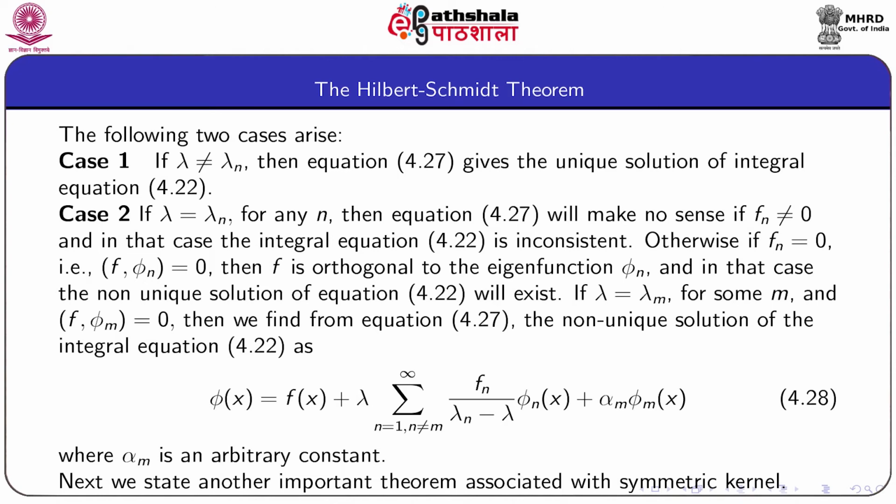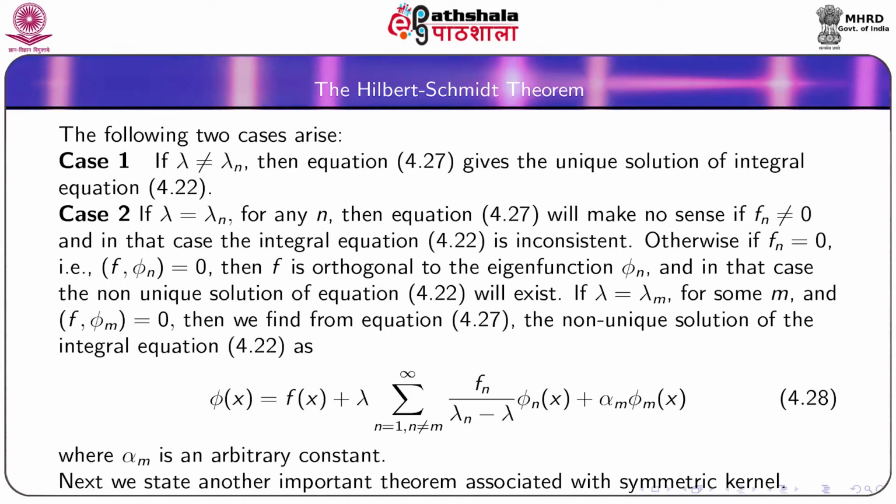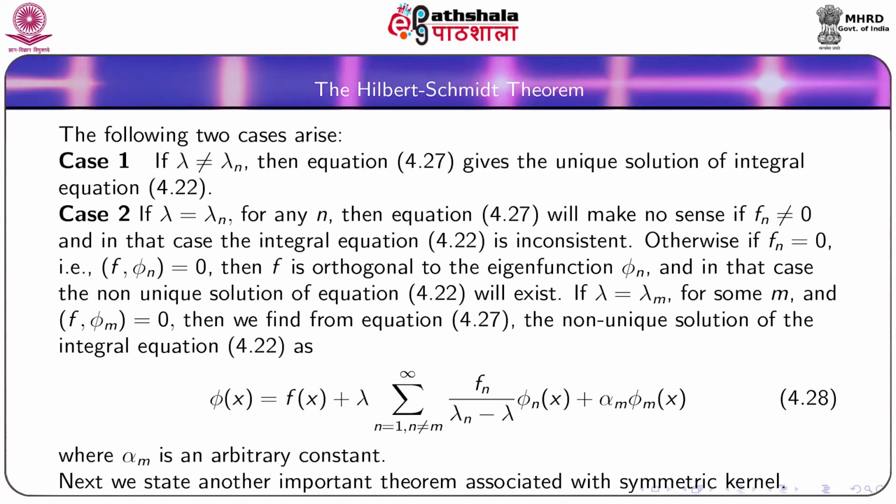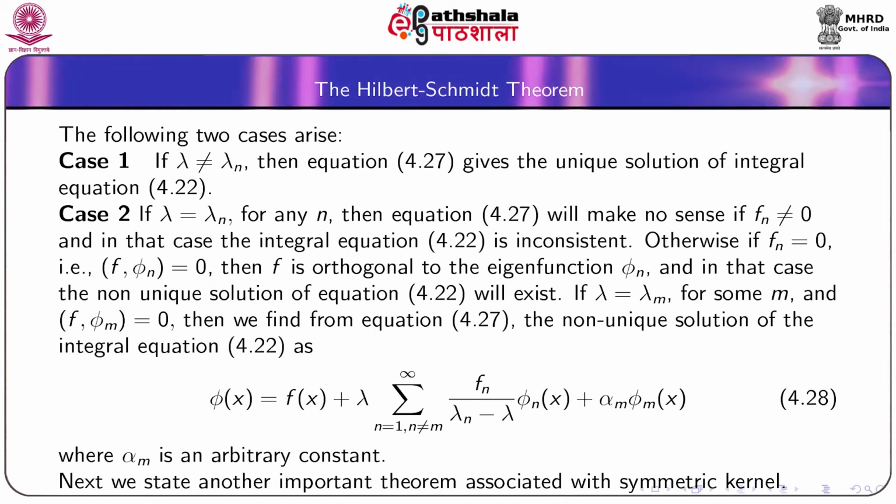Now, there arise two cases. In case 1, if lambda is not equal to lambda n in the equation 4.17, then phi x given by equation 4.17 gives the unique solution of the given integral equation 4.22.